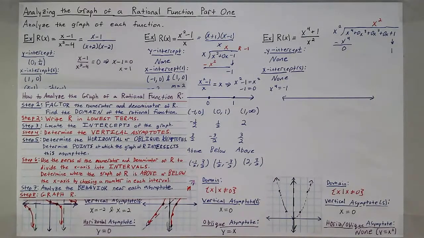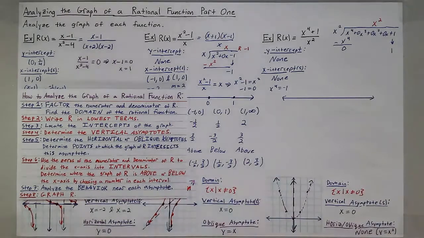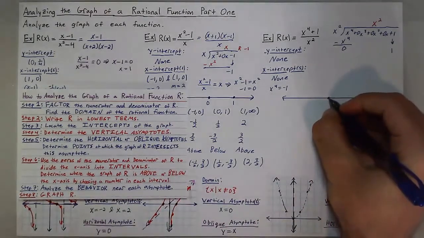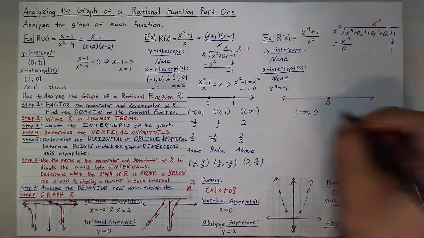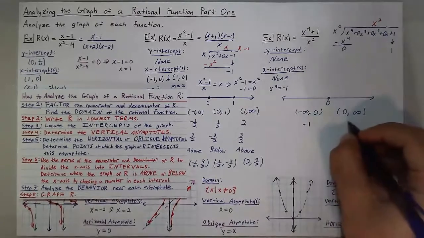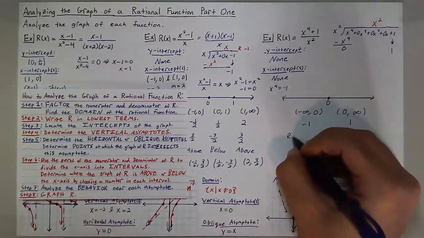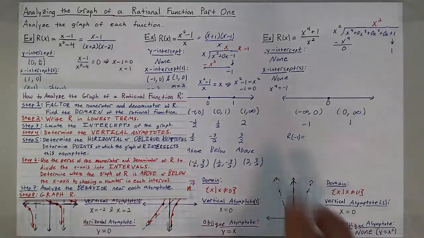So next up, I can only split my graph into two different sections because there's only one real zero I get, which is 0. So my intervals are negative infinity to 0, and then 0 to infinity. I'll just pick negative 1 and 1. R of negative 1 will give me 2 when I plug that in.